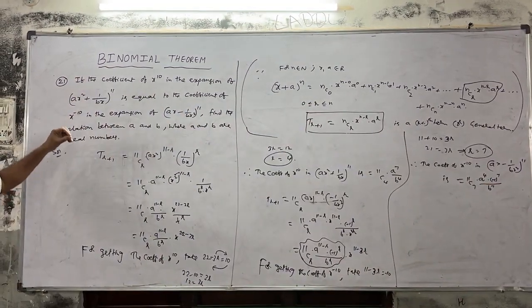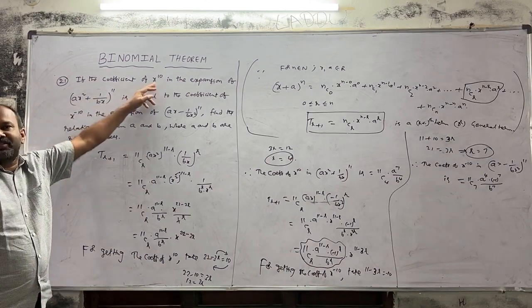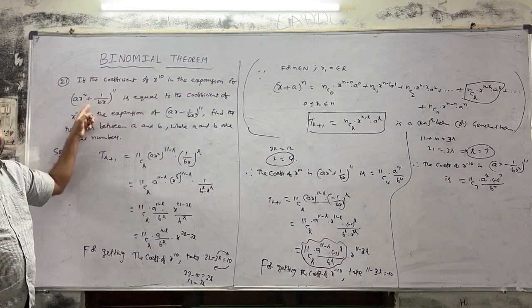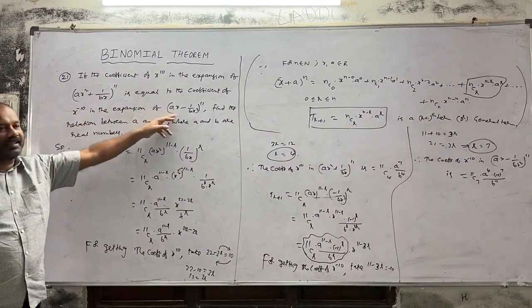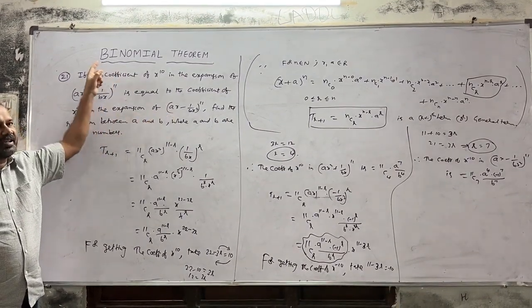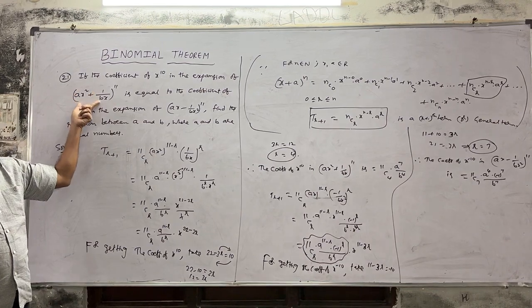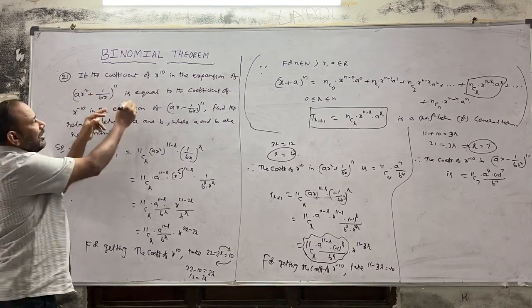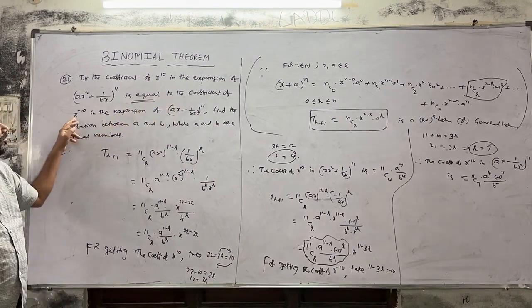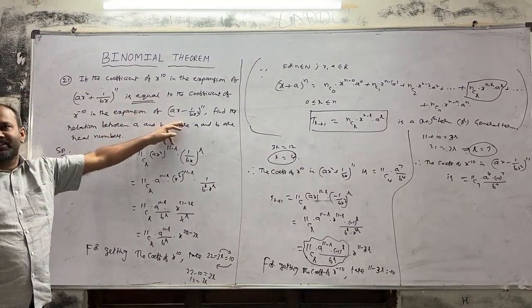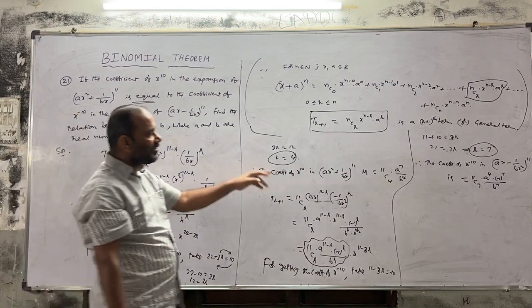Read the problem: the coefficient of x power 10 in the first expansion is equal to the coefficient of x power minus 10 in the second expansion. The coefficient of x power 10 in the first binomial expansion is equal to the coefficient of x power minus 10 in the second binomial expansion. That means we have to equate these two coefficients.